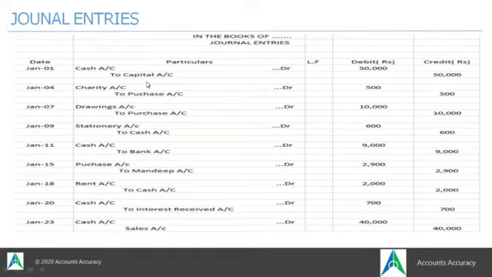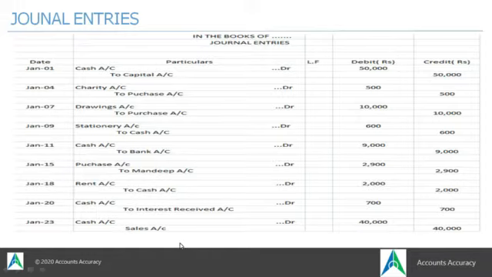You can see here there are so many accounts like cash account, capital account, charity account, purchase account, drawings account, stationery account, bank account, Mandeep account, rent account, interest received account, sales account.